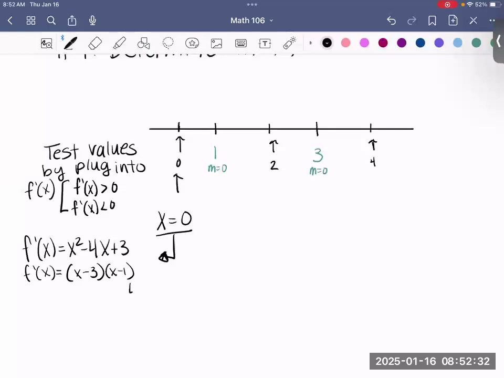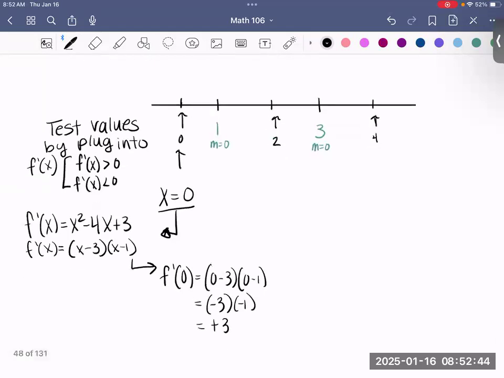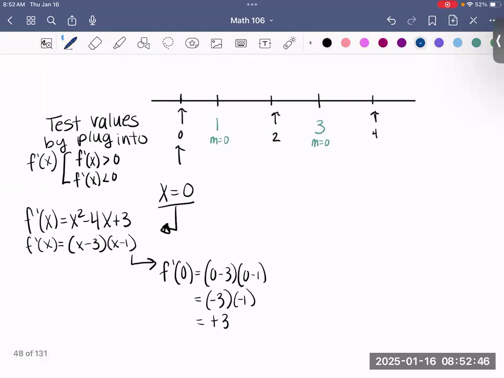So I might plug it into this particular one. F prime of 0 is 0 minus 3, 0 minus 1. So we're at negative 3 times negative 1. So a positive 3. So this is where your first derivative, if it comes out to be a positive, we are now increasing.